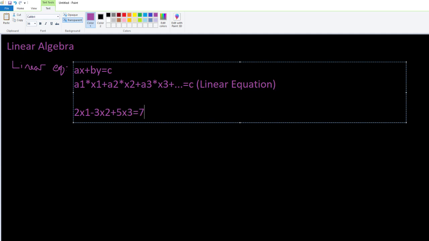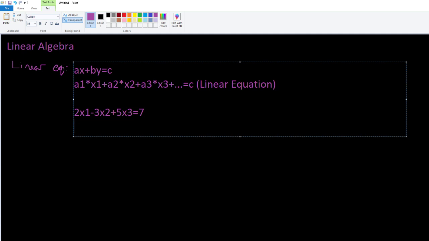Here a1 is equal to 2, a2 is equal to negative 3, a3 is equal to 5. There are only 3 variables total, x1, x2, and x3, and the constant at the end is equal to 7. Another way to write this would be 2x minus 3y plus 5z equals 7. Because we're in 3 dimensions, we have 3 variables, and this represents the equation of a plane in real Euclidean geometry.